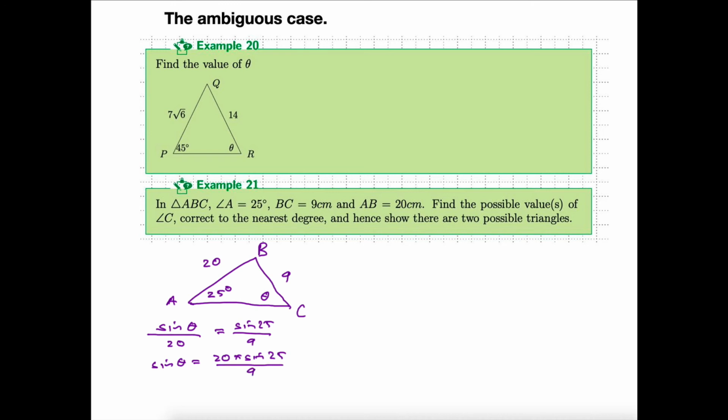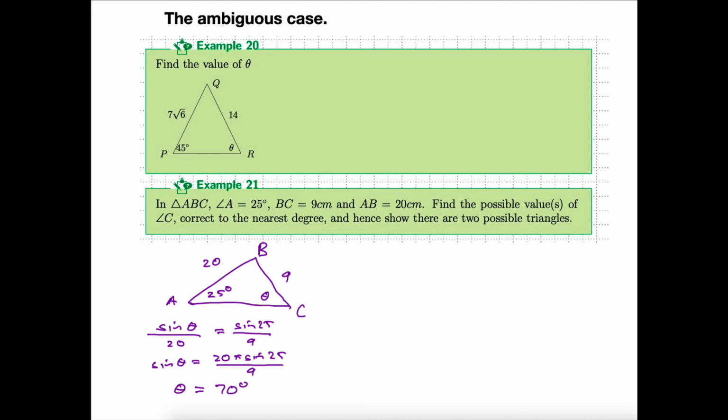And using our calculator again, with inverse sine, using the fractions button, 20 times sine 25 divided by 9, close brackets, equals, and to the nearest degree, it's 60.9, I'm going to break my rule, so 70 degrees. Okay, so theta is equal to 70 degrees.